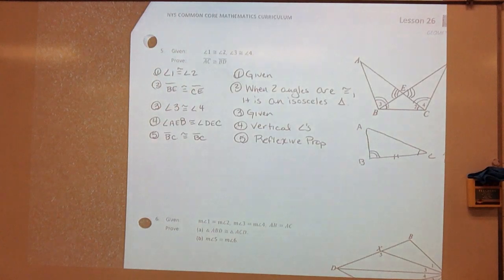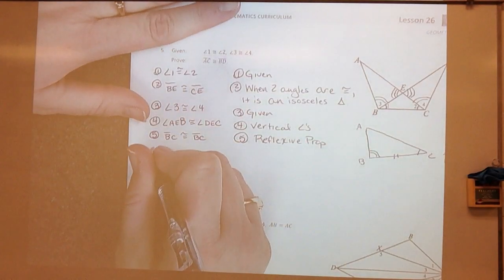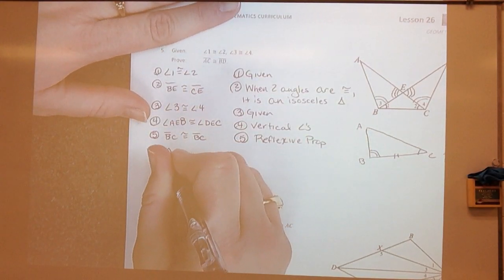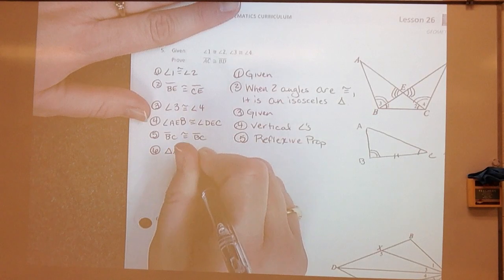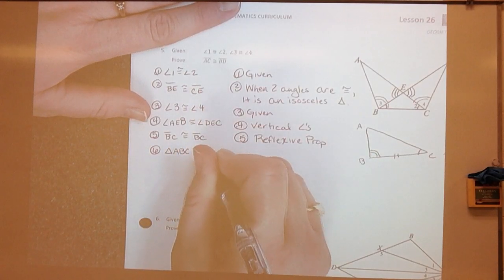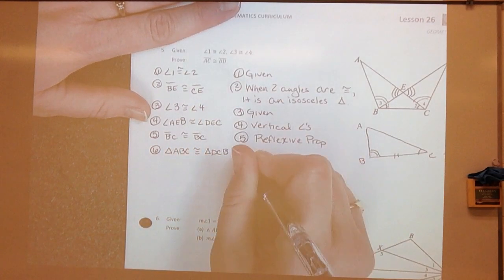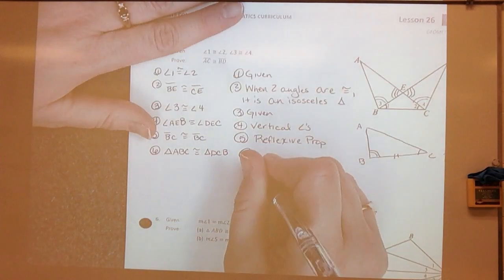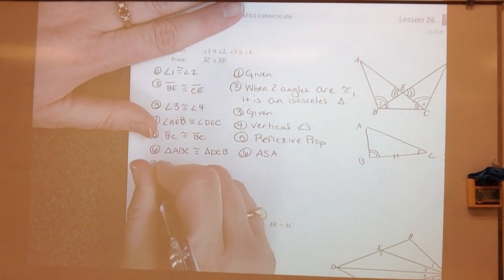So I already have it actually; I just didn't have it marked correctly. I can go ahead and prove these triangles are congruent. So triangle ABC is congruent to triangle DCB. Why? Because of angle, side, angle.